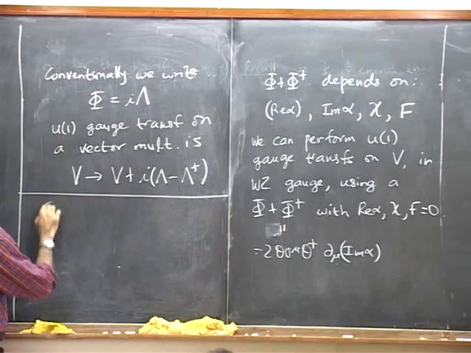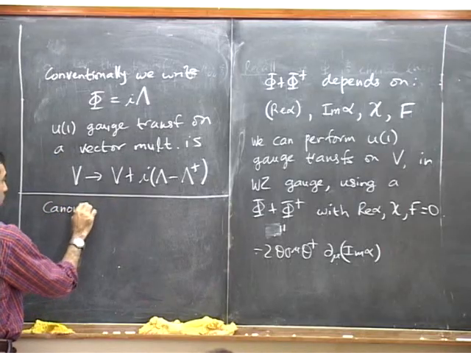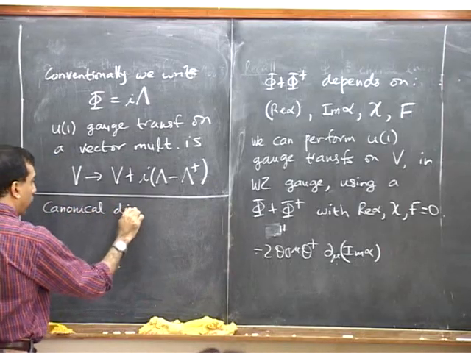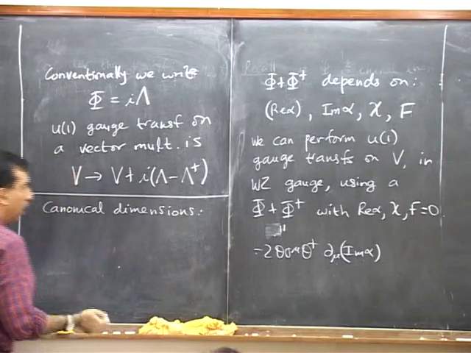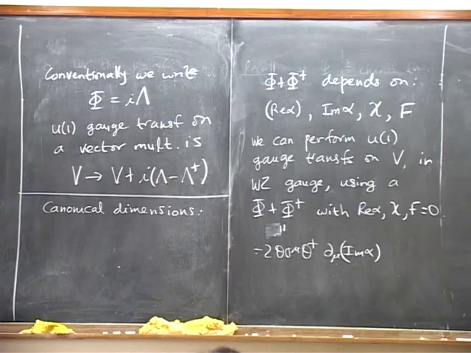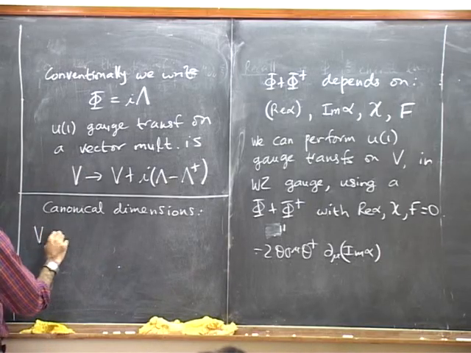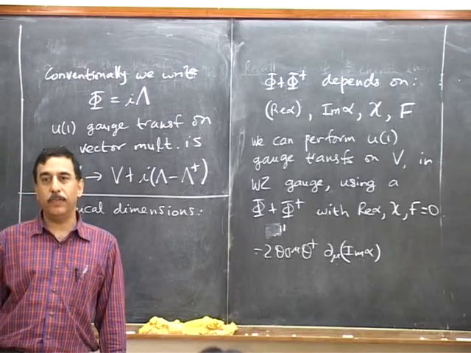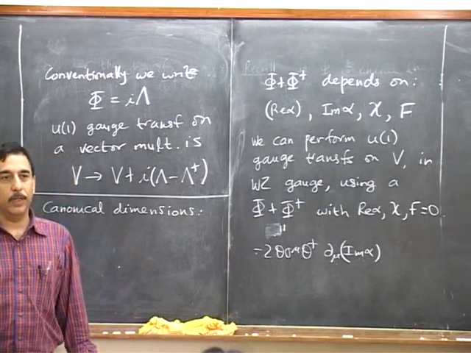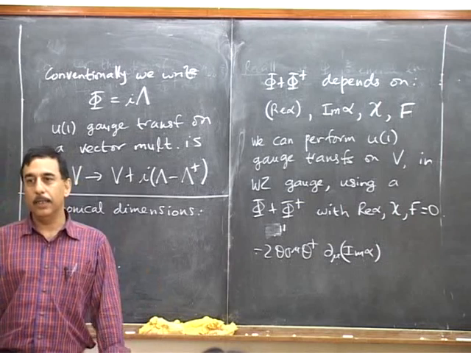Now I'd like to do a little exercise about canonical dimensions. We keep doing this from time to time. What's the canonical dimension we should associate to V? The way we associate canonical dimensions is to first figure out one component field in the superfield which we particularly like.